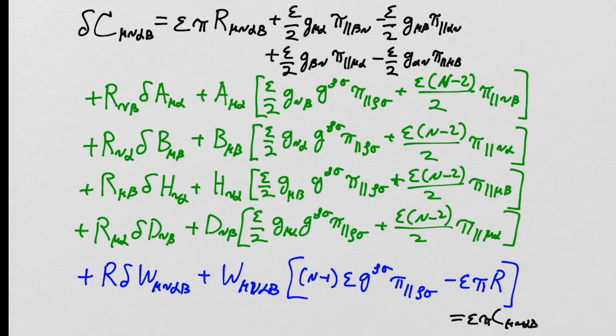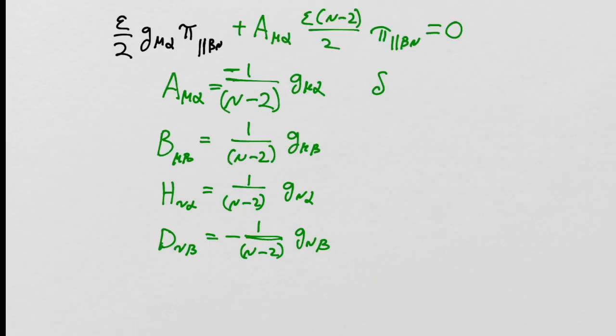So let's proceed, right? So the variation of A mu alpha is going to simply be minus 1 over n minus 2 times the variation in G mu alpha. But we know the variation in G mu alpha is epsilon pi times G mu alpha, right?